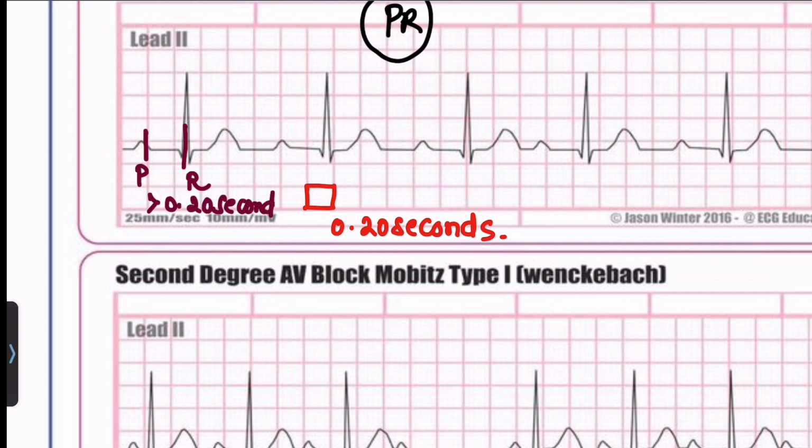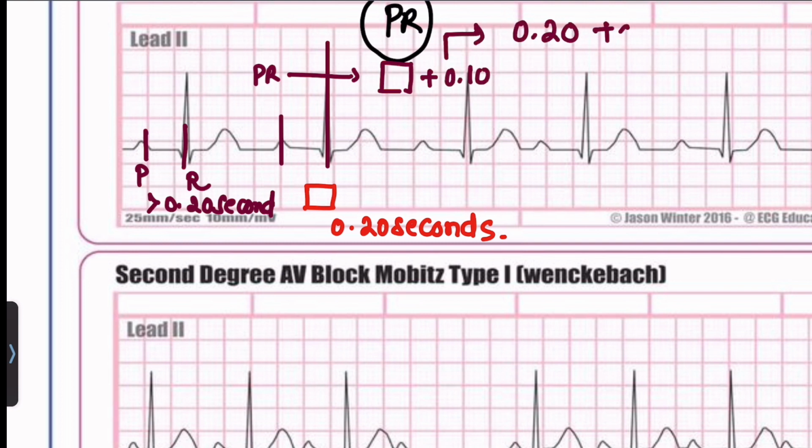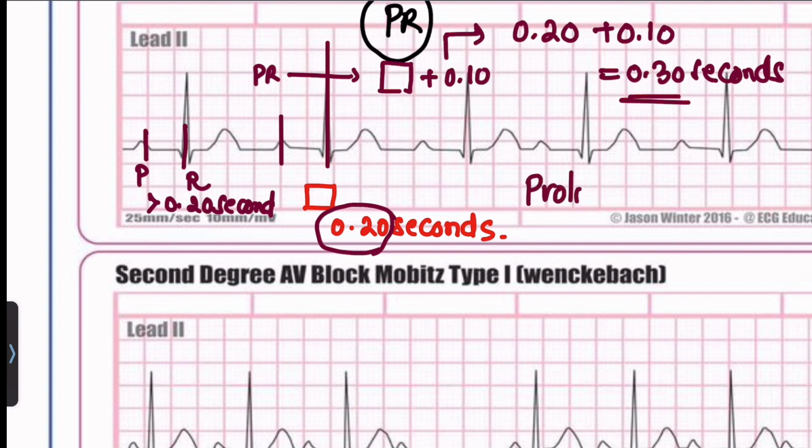Here the PR interval is more than one large box plus half of the large box, somewhere around 0.10. So the total is 0.20 plus 0.10, that is 0.30 seconds. So what is the normal PR interval? The maximum is 0.20. If it is more than that then it indicates a prolonged PR interval.